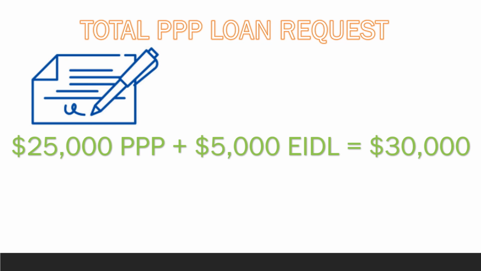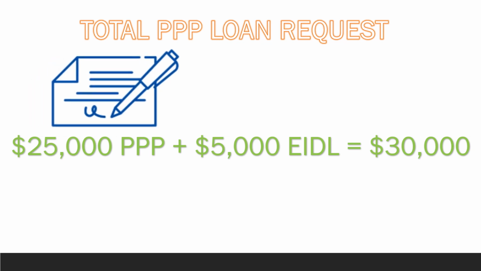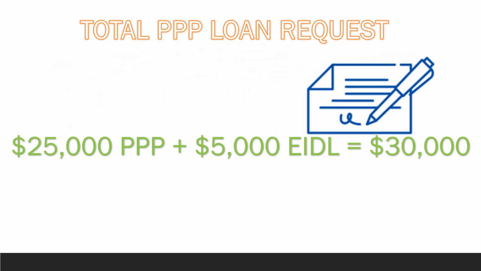So if you do the calculation, remember you had the $25,000 already for the PPP. You can take that $5,000 that's net of the $10,000 from the EIDL, and you would get a loan of about $30,000, and some of it or most of it would be forgiven.